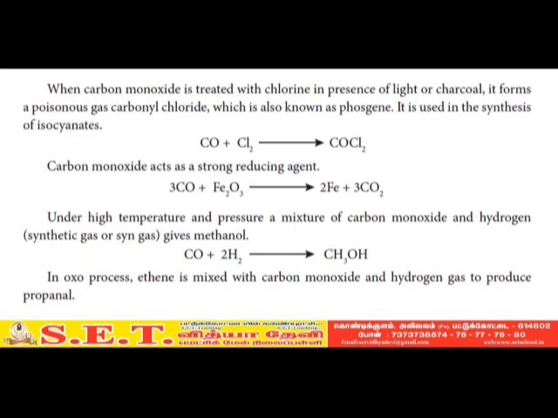Another important two-mark or three-mark question is from the topic phosgene. What is called phosgene? Carbon monoxide reacts with chlorine in the presence of sunlight or charcoal, and forms a very poisonous gas called carbonyl chloride.